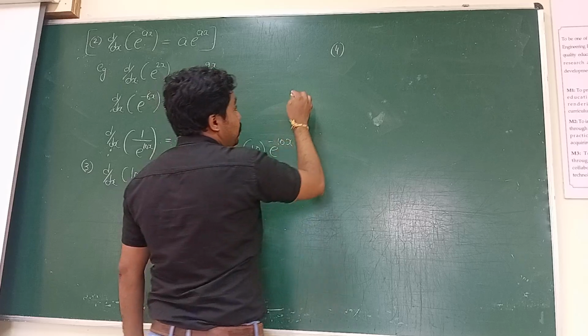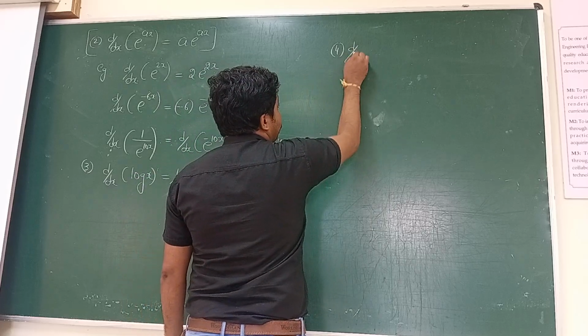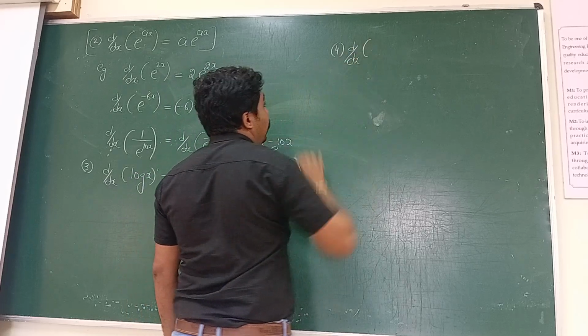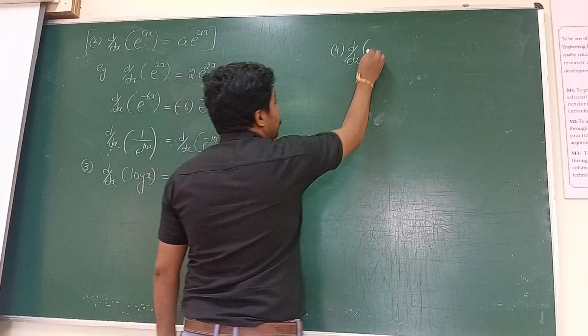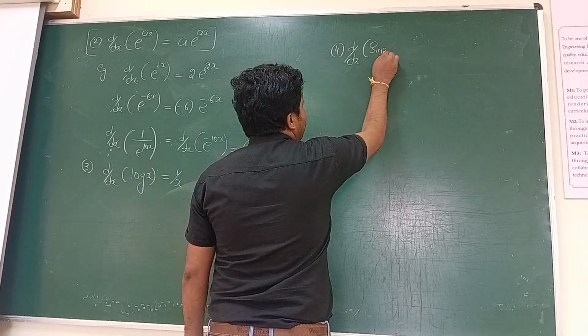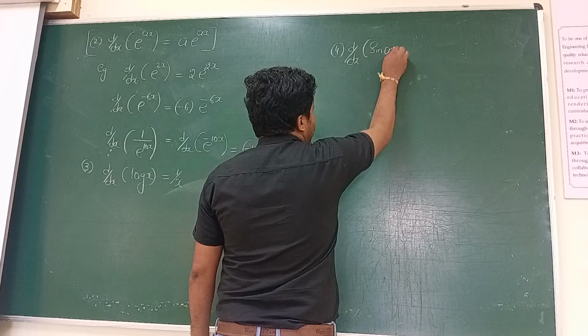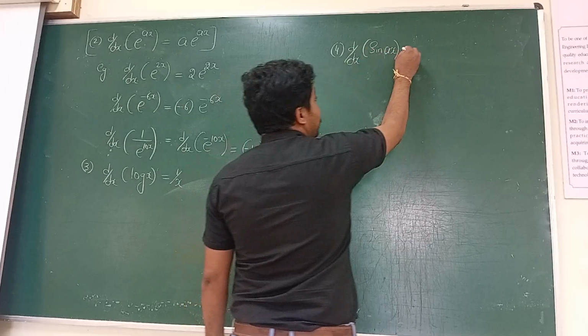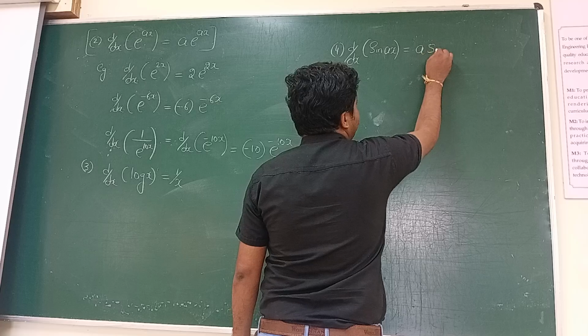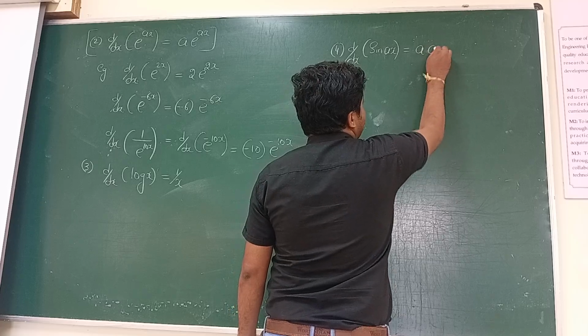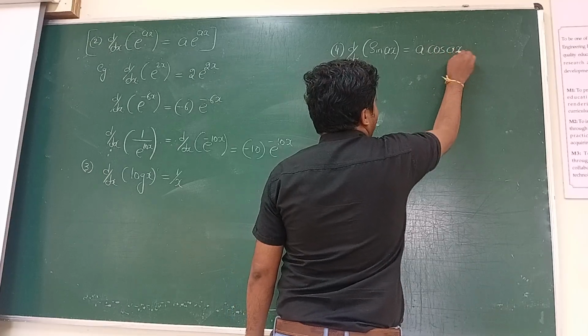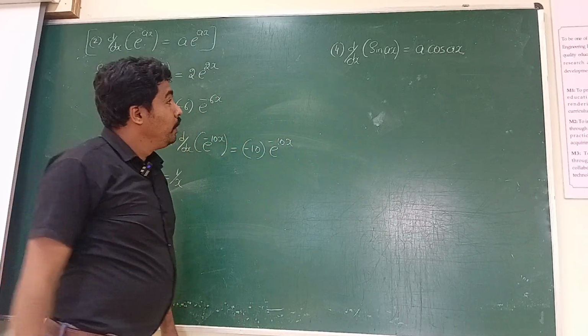We have 6 trigonometric functions. We write all the formulae. That is differentiation of sin ax. I consider sin ax differentiation: it is a times cos ax.